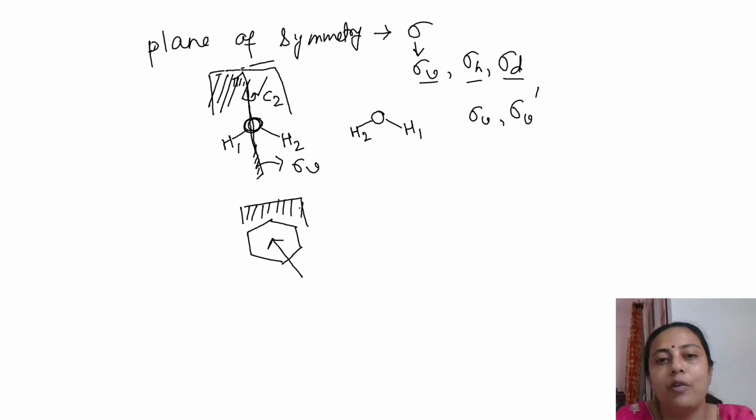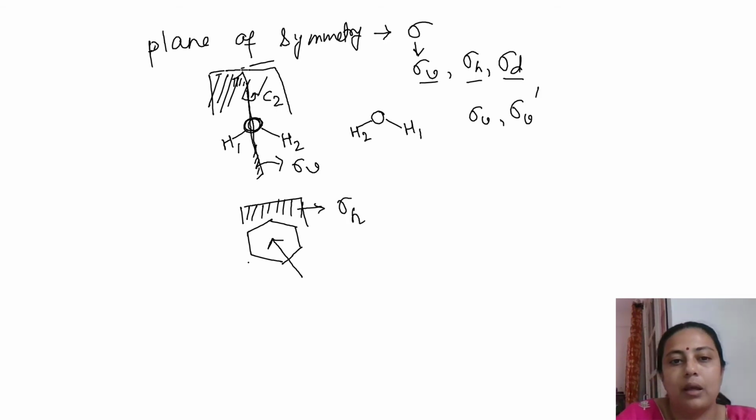Hence, this particular plane is a symmetry plane. But this plane does not contain the symmetry axis. Rather, it is perpendicular to the principal axis. Hence, this is called the sigma H plane.